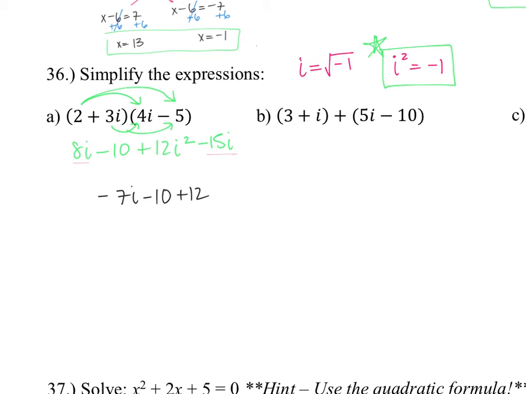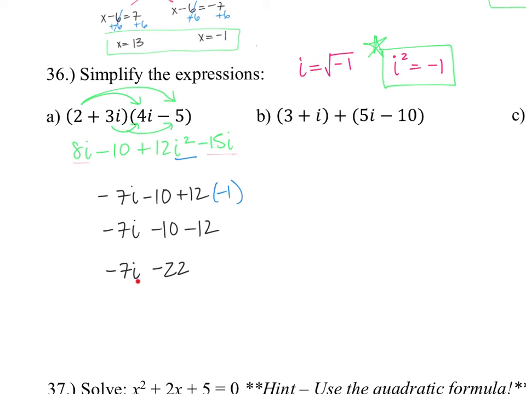So this i squared ends up being replaced with -1, because we mentioned before, -1 is your i squared. And so this would give me a -7i in front, -10 minus 12, because the -1 times 12 makes it a -12. So now I can combine these two numbers. So -10 minus 12 is going to give me -22, and I have a -7i in front.